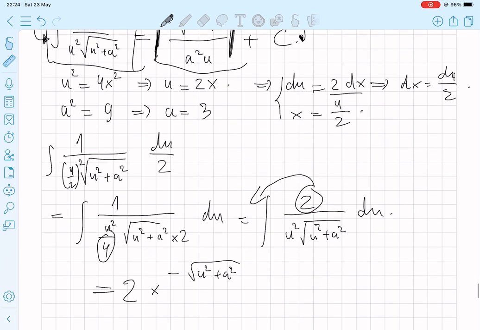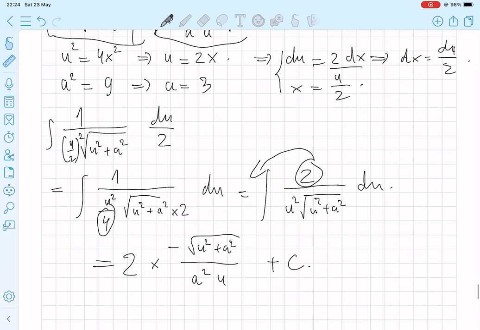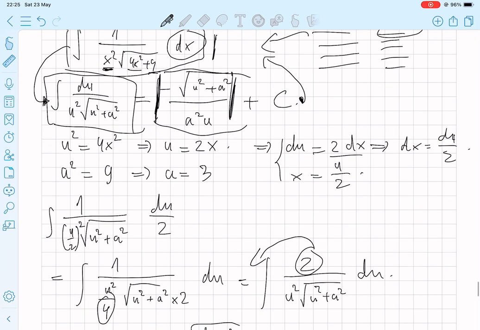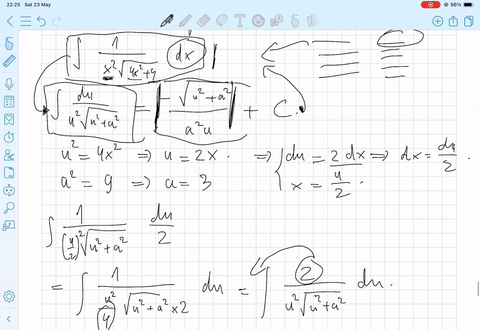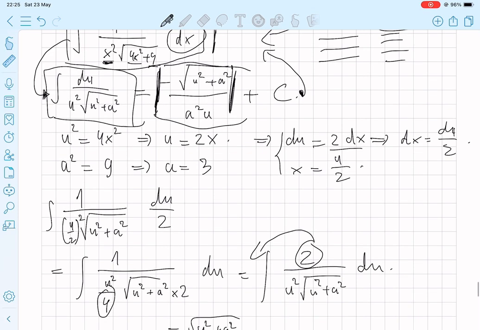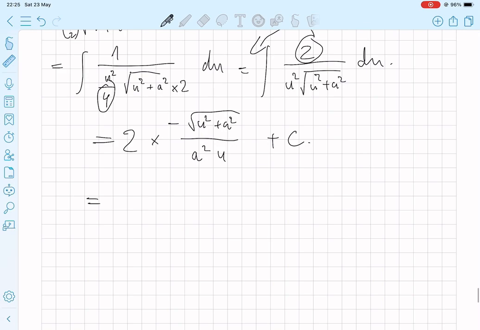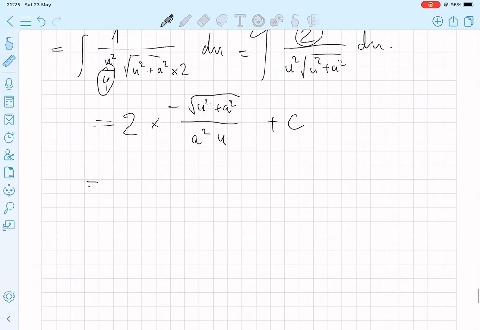So we go ahead and put the 2 outside. Here you have evaluated the integral with respect to u and a, but as I said, the answer will be an equation that has x in it, so you have to change u and a into x and numbers. I will do it right here.